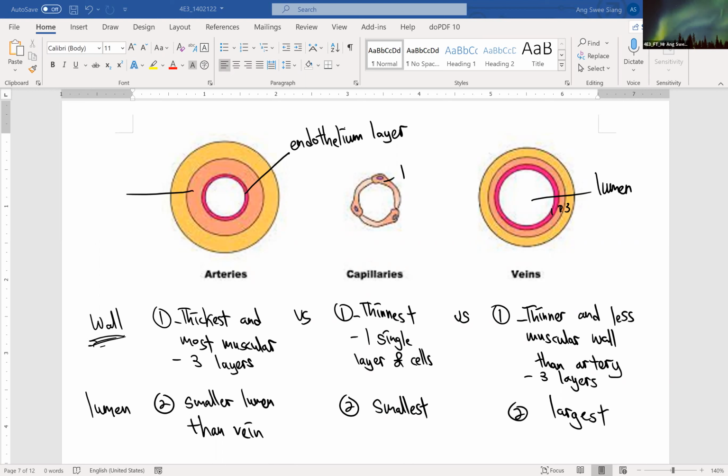Okay, the second layer is the smooth muscle layer. Then the last one is the connective tissue layer. Wait, I spelled it wrongly.